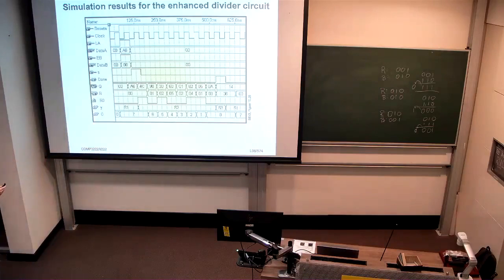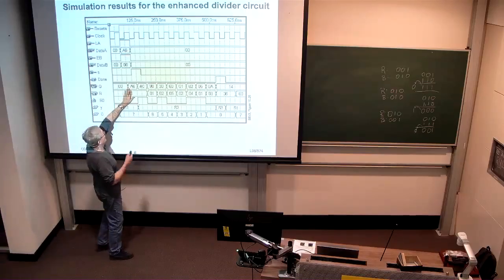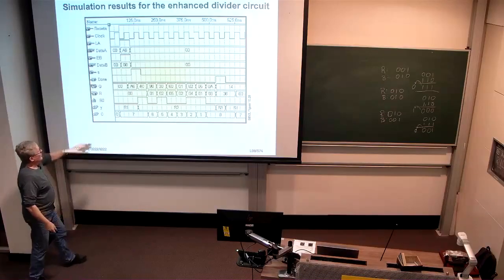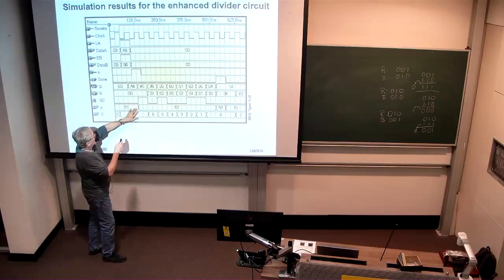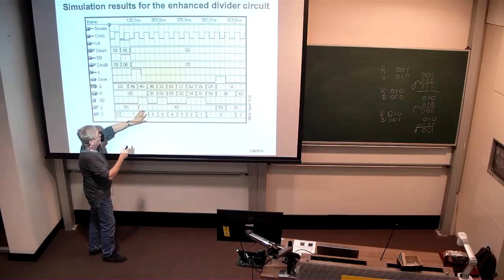So at this point here, on the rising clock edge, the A and B, the dividend and the divisor, are being loaded by the user. We see Q going to A6, which is the value A on this rising clock edge. And we're still in state 1 at this point in time, but given that the user asserts S, on the next rising clock edge we enter state 2.